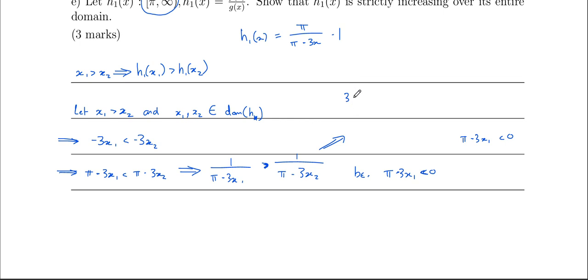So this implies, multiplying both sides by pi and then minusing 1 from both sides, that h1 of x1 is greater than h1 of x2. And yeah, so we've shown that if x1 is greater than x2, then h1 of x1 is greater than h1 of x2. Therefore, strictly increasing.